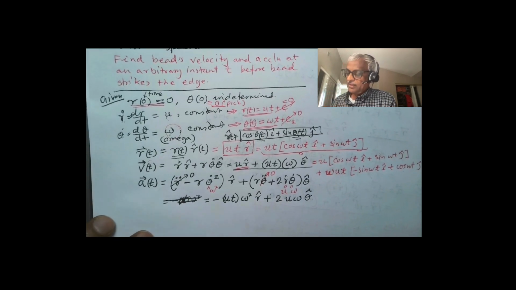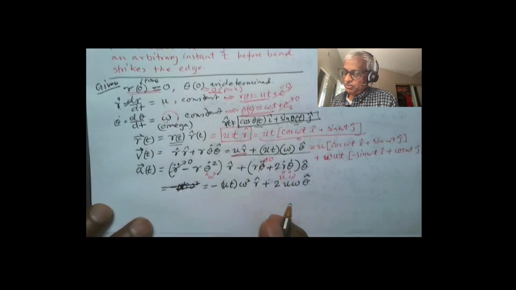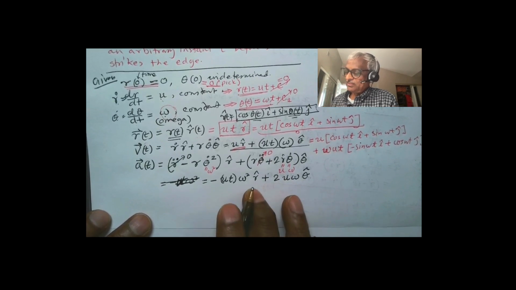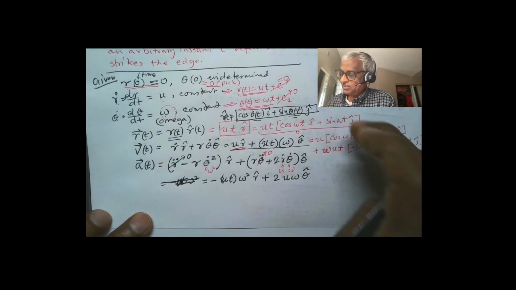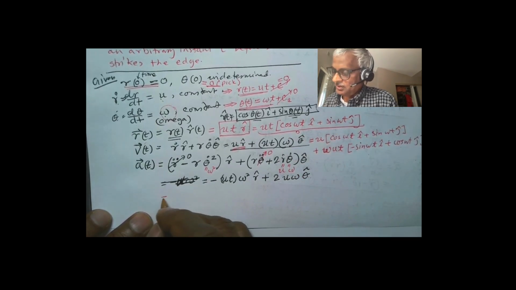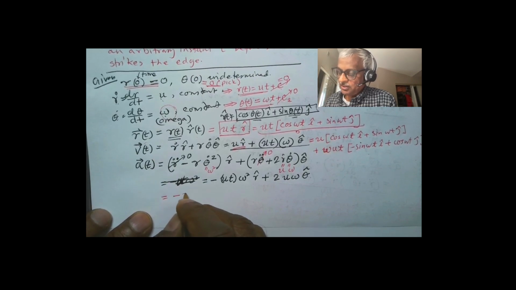theta hat. So this is very simple, but if you try to write this using Cartesian, you'll have to substitute all these big things here, and it's going to be a little bit like what happened to the velocity. It's going to be minus u omega square.